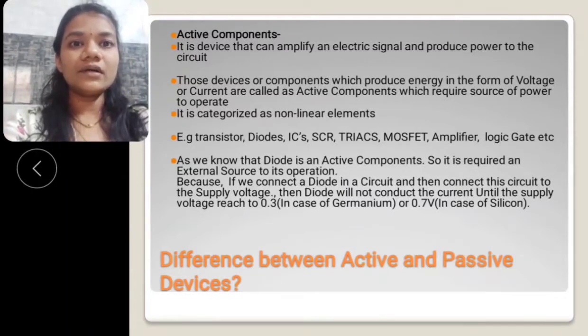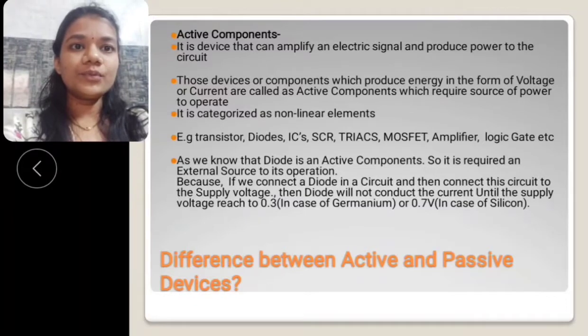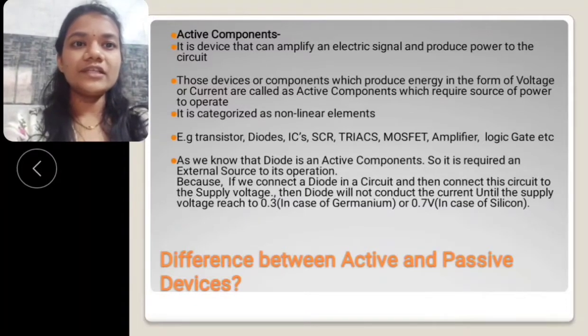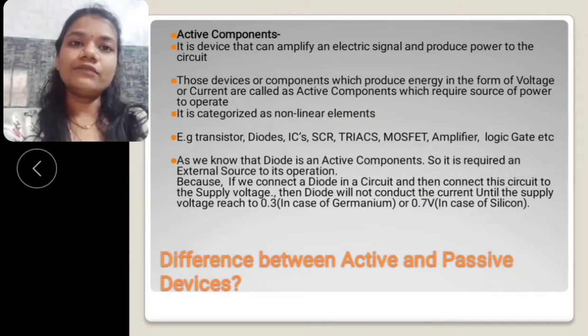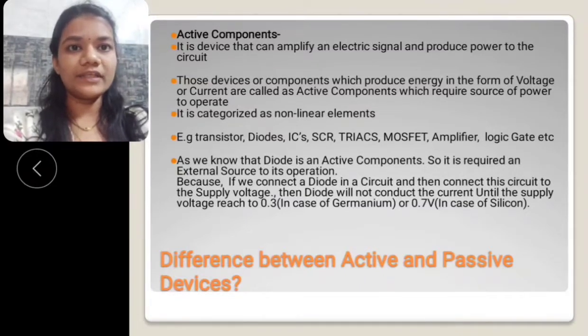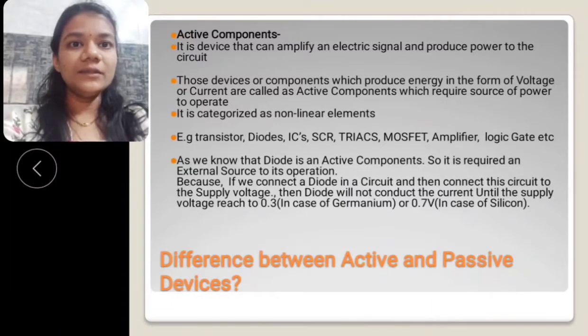In other words, active components produce energy in the form of voltage or current. They require a source of power to operate. In simple language, active components require external power to operate, and after giving power, they produce energy in the form of current and voltage. Active components are categorized as non-linear elements.